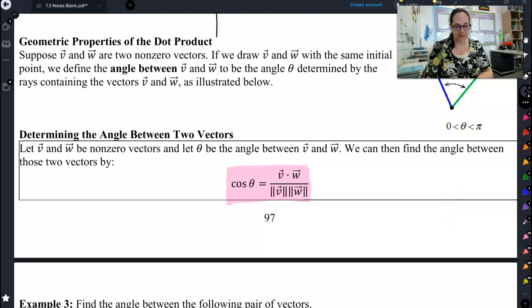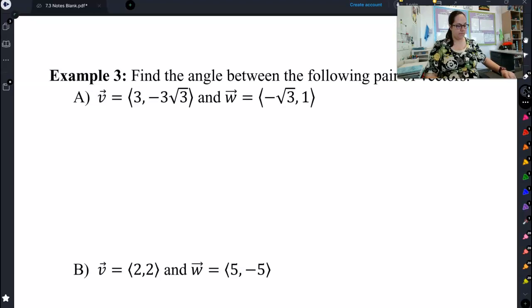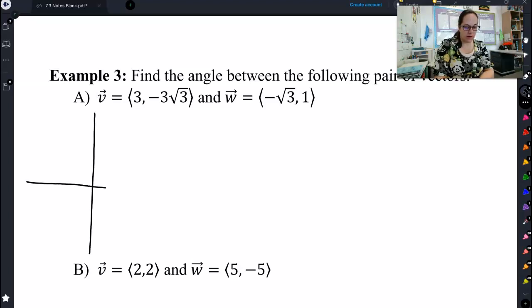So let's practice this. Let's start with these two vectors right here. Now I'm going to have you start by visualizing these two vectors. So let's draw this out. I have one vector that is at 3, comma, negative 3 root 3. So it's going to be about there. Call that vector v.